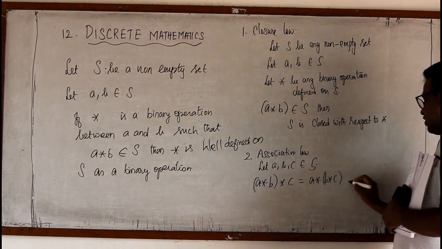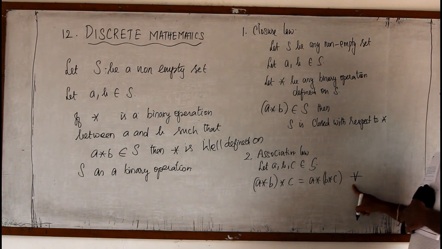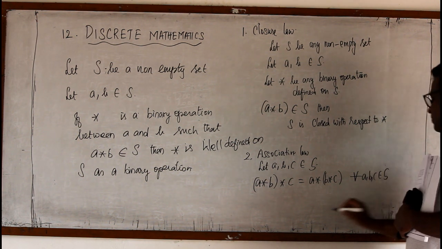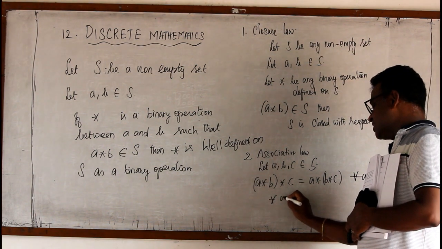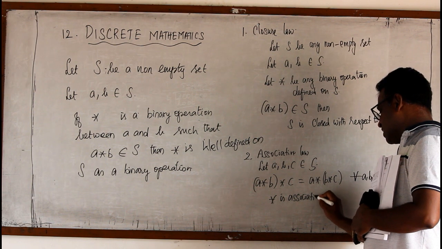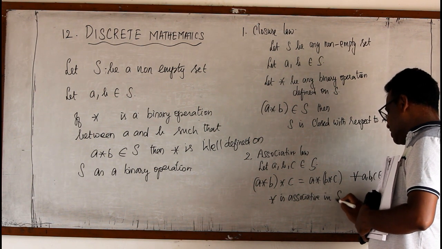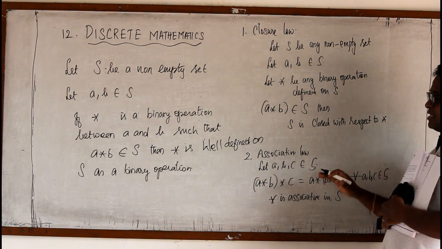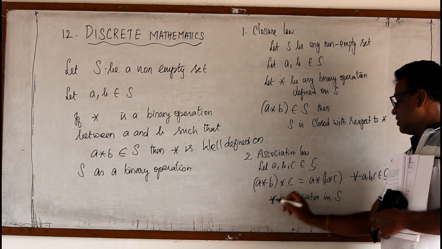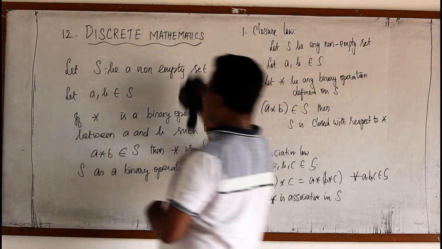If both are equal for all A, B, C belonging to S, then star is associative in S, or S has the associative law with respect to this star. This is called the associative law.